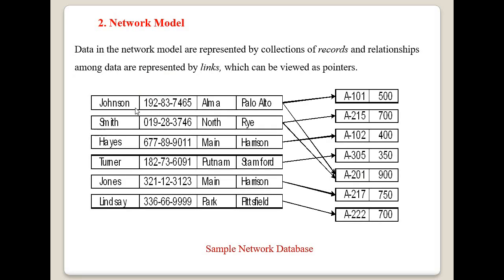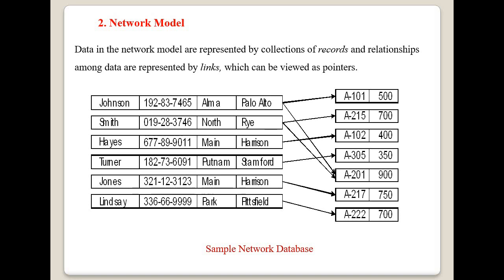Next, the network model. Data in the network model are represented by a collection of records, and relationships among data are represented by links, which can be viewed as pointers. You can see in the picture there are two tables, a customer table and an account table.